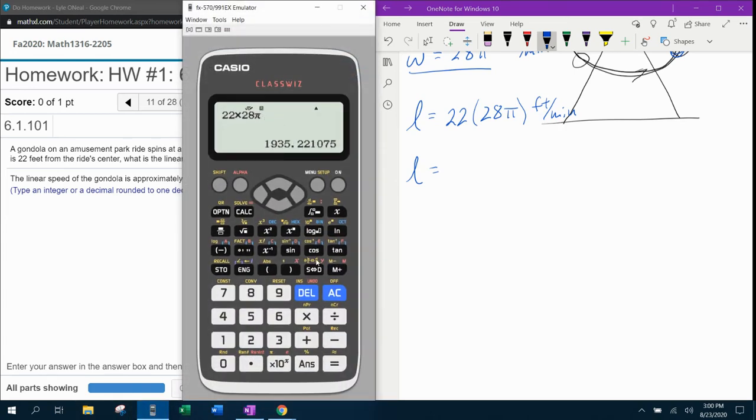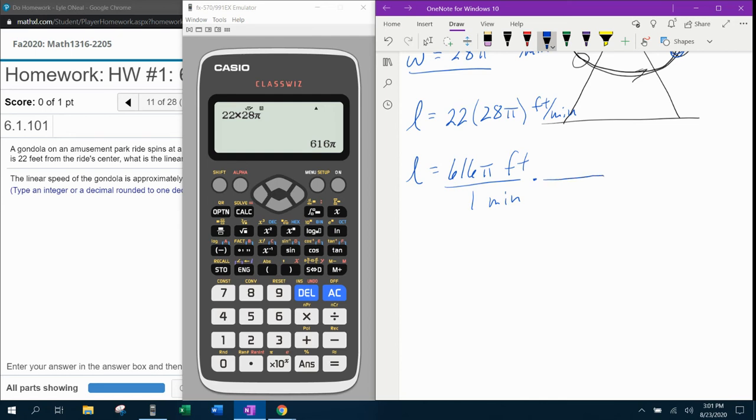So what do we have? We have 616 pi feet every 1 minute. So that's kind of a representation as a fraction of what we have for linear speed currently.